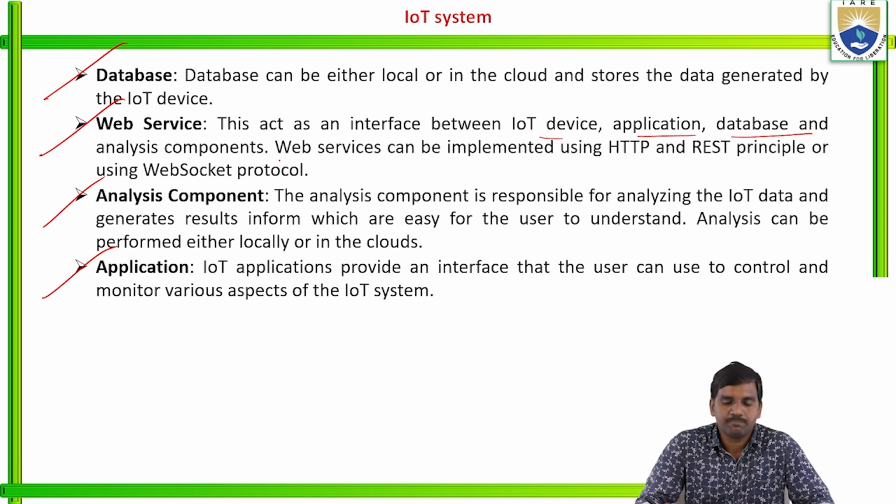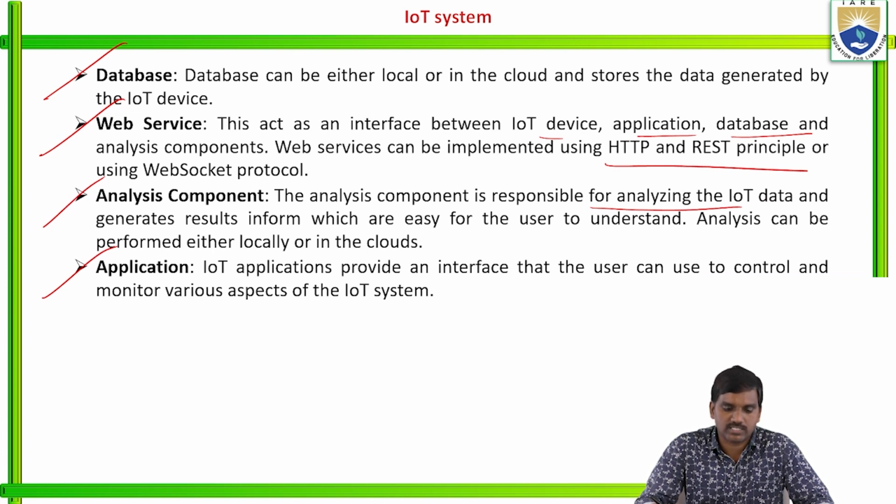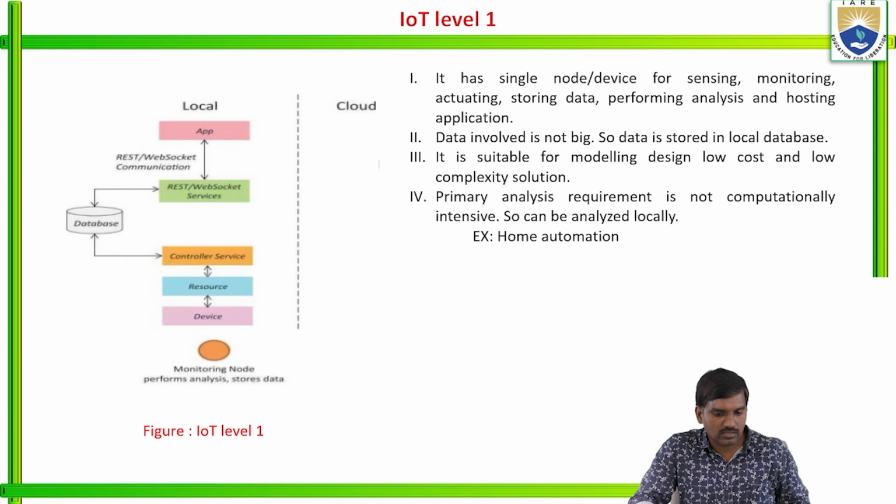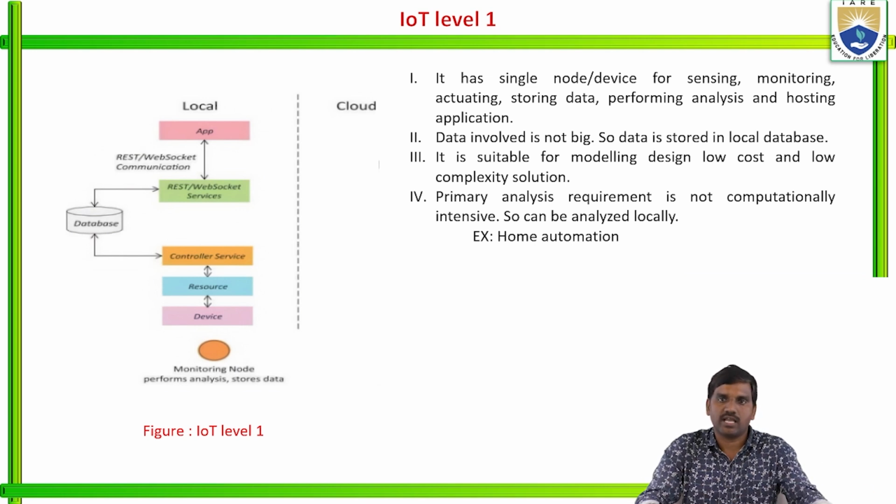Web services can be implemented using HTTP, REST principle, or WebSocket protocol. The analysis component is responsible for analyzing the IoT data and generates results that are easy for the user to understand. Lastly, applications: we have different applications under different domains. These are the components, and we have 6 levels in IoT.